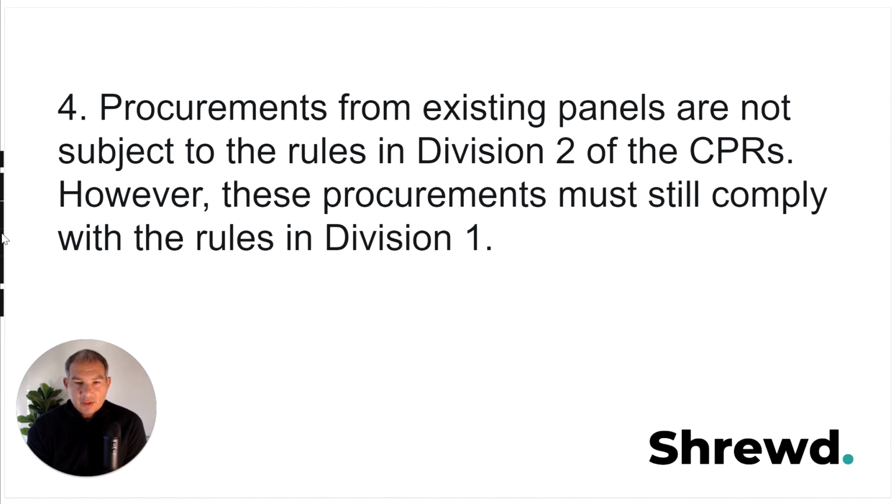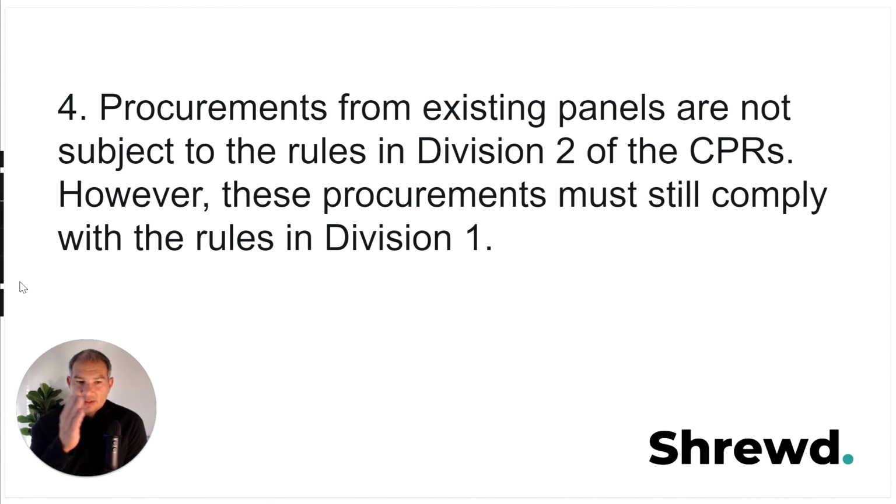So strictly, whilst you can avoid all of the obligations in Division 2 by procuring from a panel, you still need to think about value for money, etc. under Division 1, and that's one of the main reasons why the ANAO always says that even if you use a panel, you should still create competitive tension by getting multiple quotes.